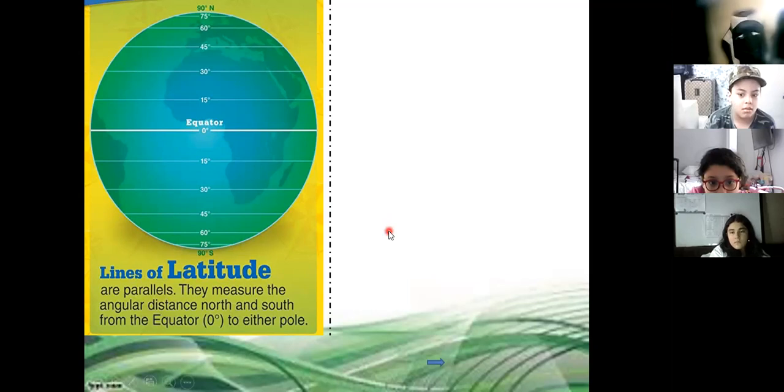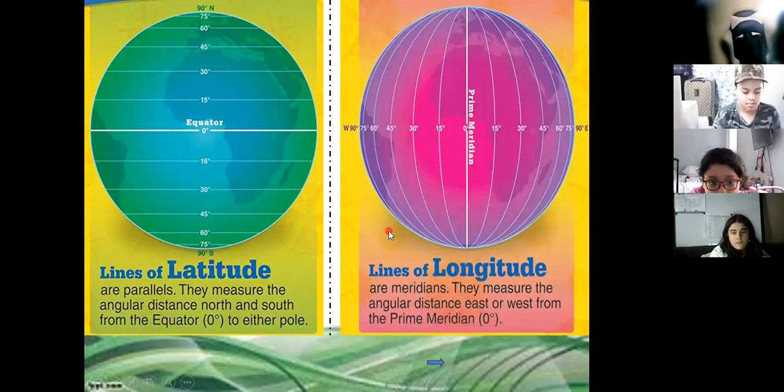Now we have lines of longitude. The lines of longitude, as you can notice, are meridians. They go in this way. They are different because they measure the angular distance from east to west. That's the difference.